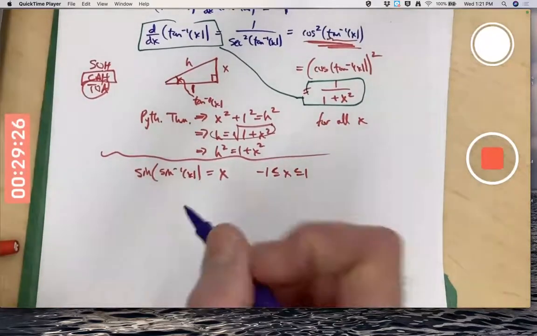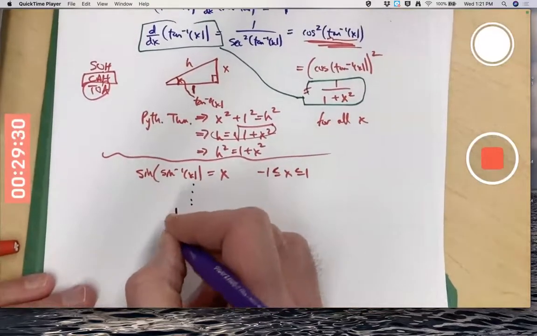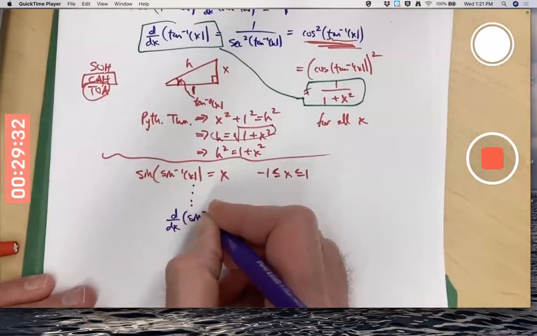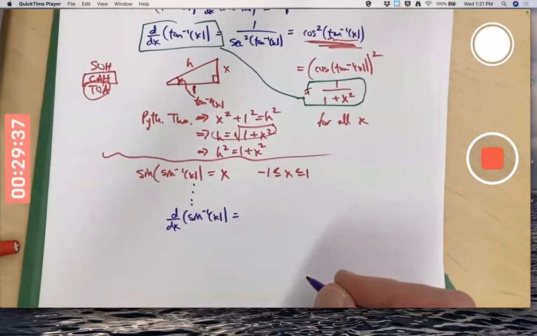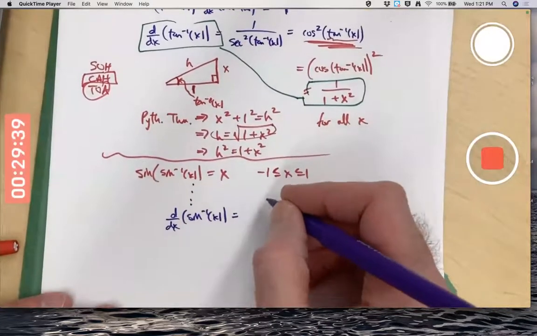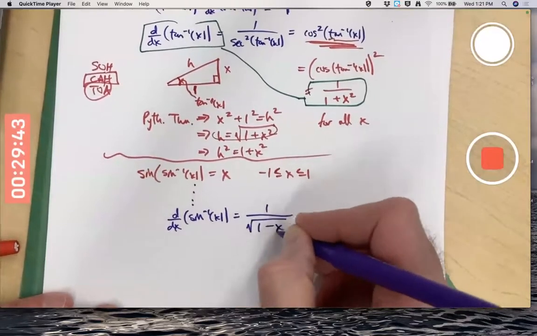It turns out, I'm not going to show you the details, that the derivative of the inverse sine function can be derived in the exact same kind of way we did for the inverse tangent function, using a right triangle to help us again. And it turns out to equal 1 divided by the square root of 1 minus x squared.